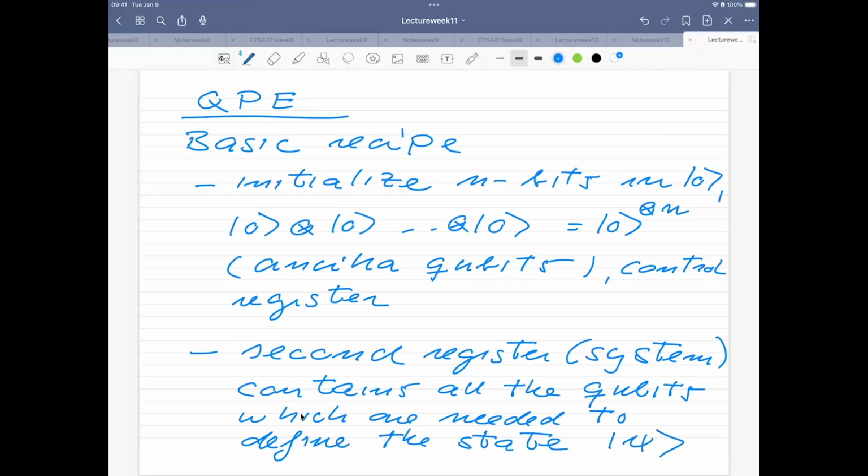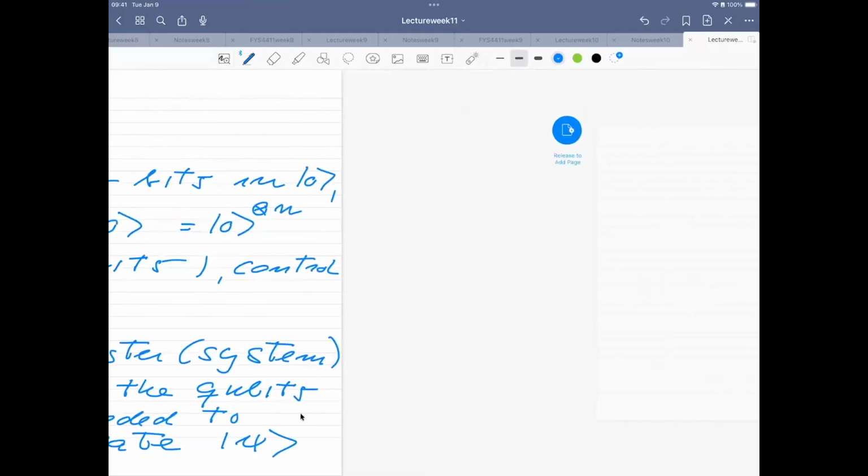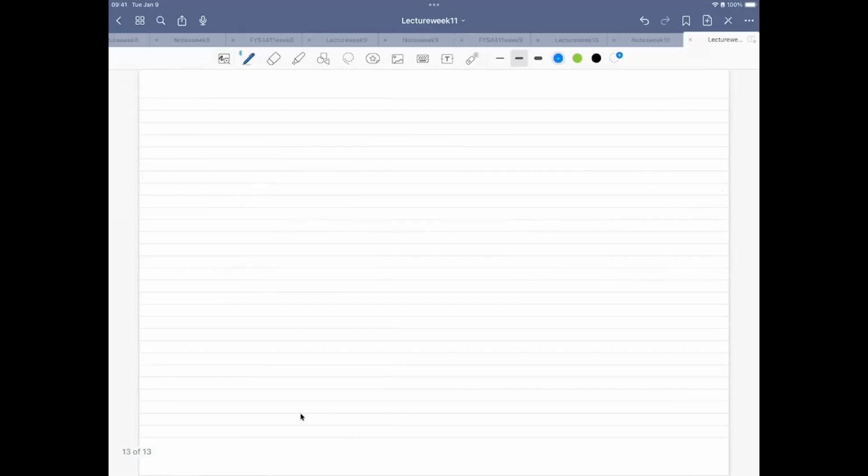So let me try to show this basic recipe by just using one qubit in the control register, and see what kind of operations we can use in order to get the information about this specific phase. So let's write down the first operation.